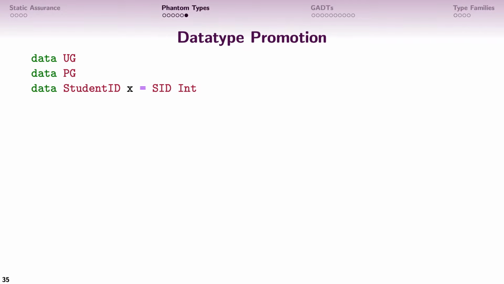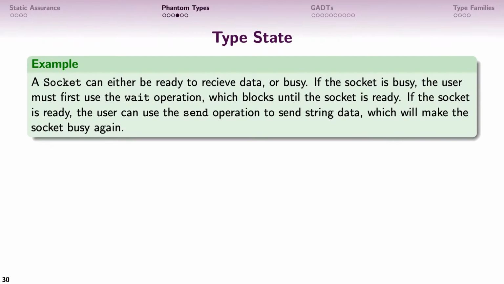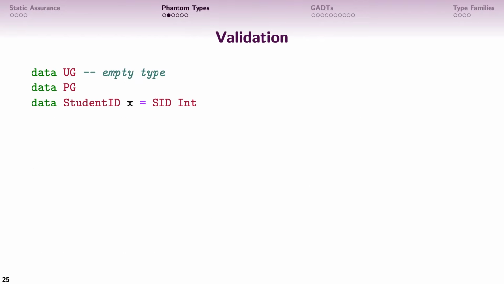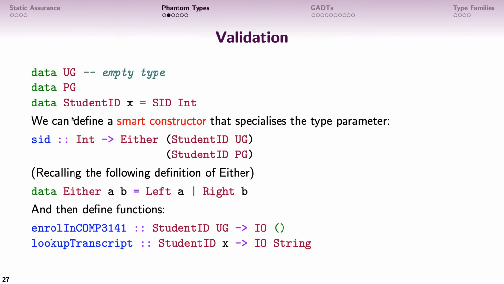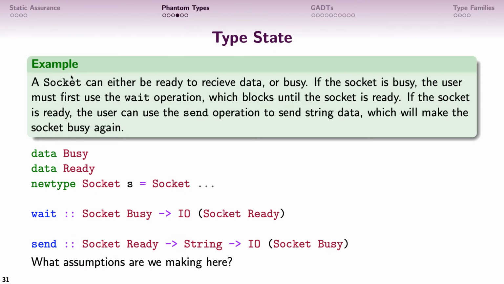Okay, so the one other thing that's a bit ugly about these solutions, so we've seen all three use cases for phantom types now, but all three of these have made use of these extra type tags, right? Kilometers or miles, or UG and PG, or busy and ready, right?